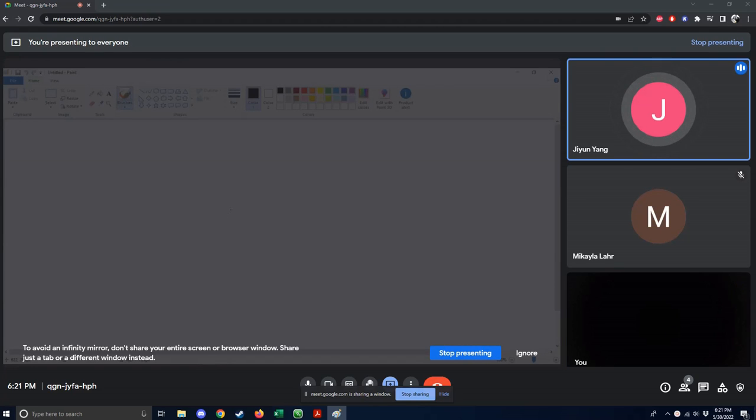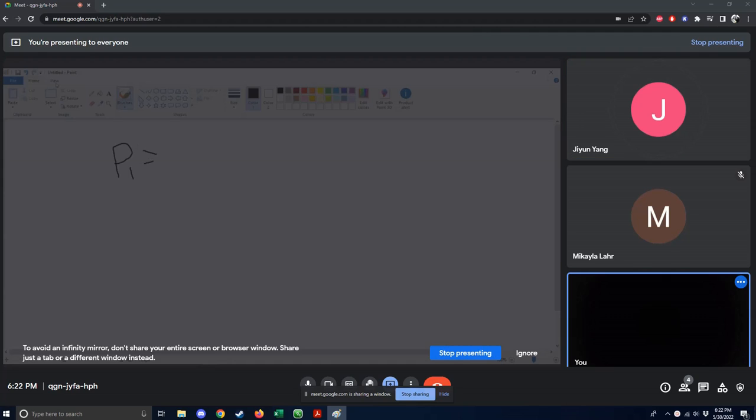Let me try to make it bigger. Okay. All right. So like I said, when we use Bernoulli's, we end up with this setup after we realize that the heights drop out, and then using the flow rate equation, we know this is true.